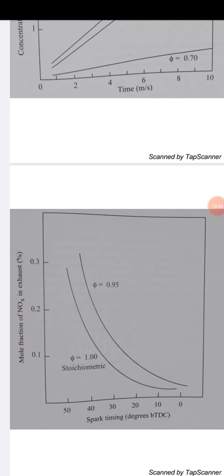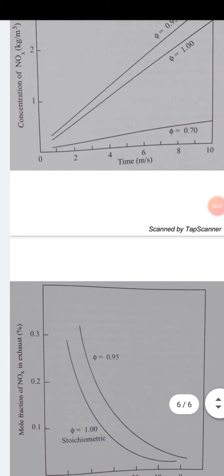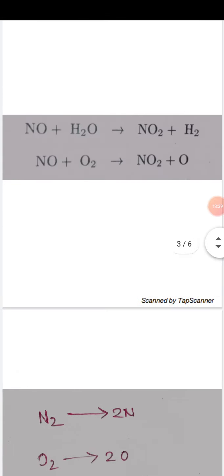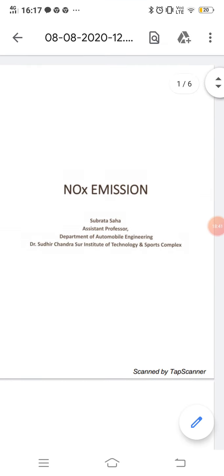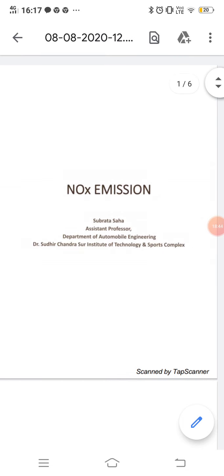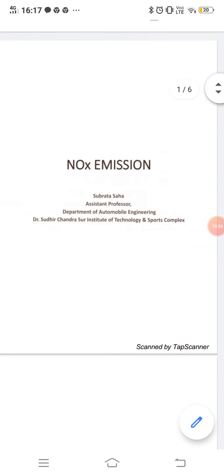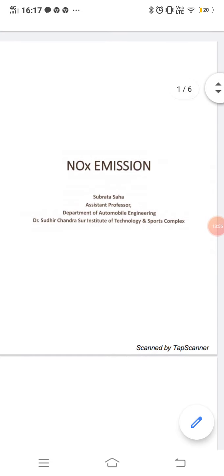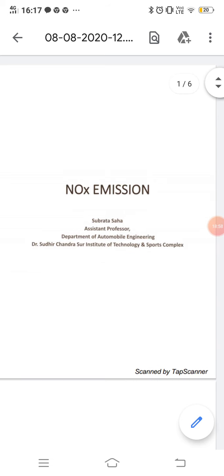EGR is basically a device used to control NOx emissions, because through the EGR we take the exhaust gases and send them back to the engine intake or suction line.